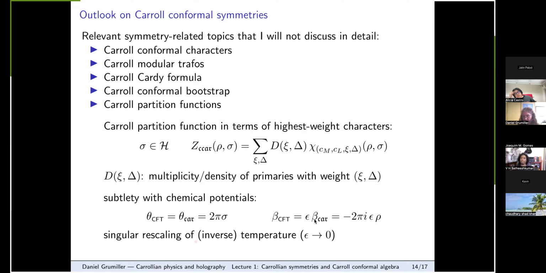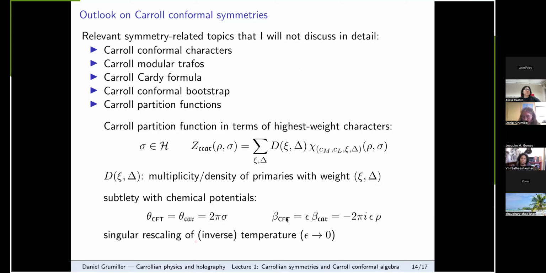On the other hand, if you want to have a finite result for the Carroll inverse temperature, that means as you approach the Carroll limit, you have to scale your inverse temperature on the CFT side correspondingly. So you have to compensate this factor epsilon over there.